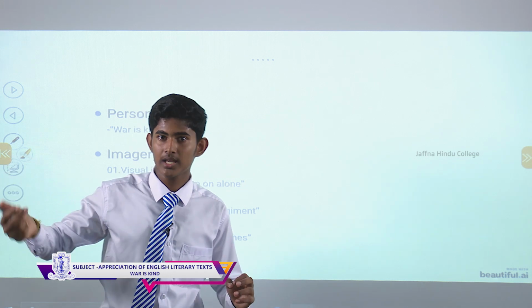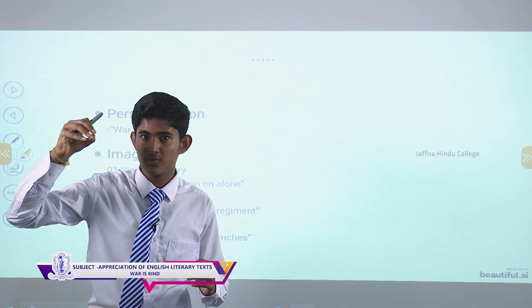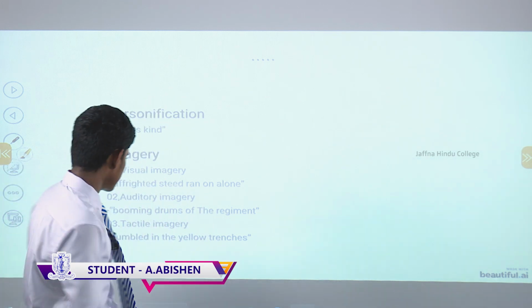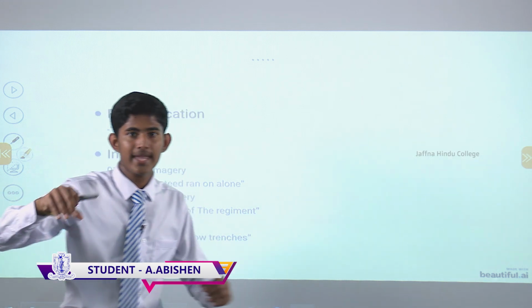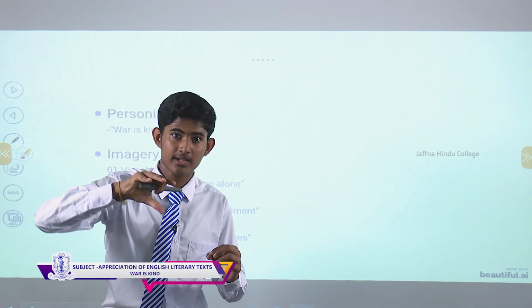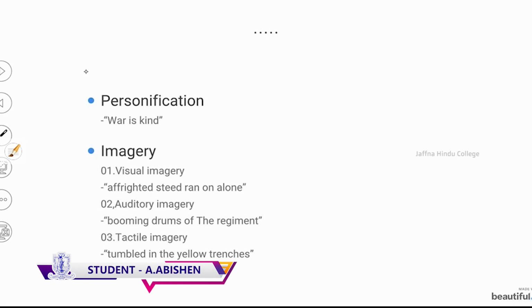Along with it, the color imagery is also included. The visual imagery is in order to make a visual sense, the auditory imagery is in order to make an auditory sense, then the tactile imagery, tumbled in the jello trenches, to make the sensation, to make how the characters feel from the point of view of the readers.